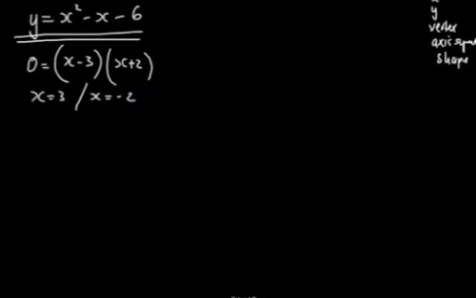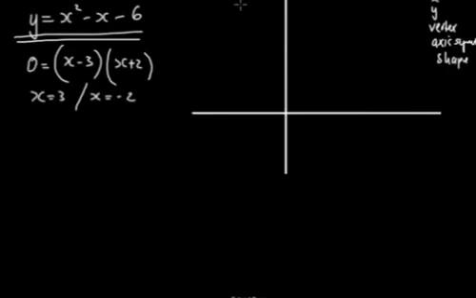So straight away I can look at graphing this, and this is a sketch. It's not a plot. It's not getting little squares in your exercise book. It's simply putting them on. Negative 2, and we're going to have positive 3 on here.